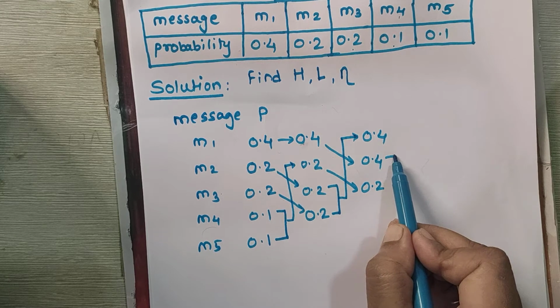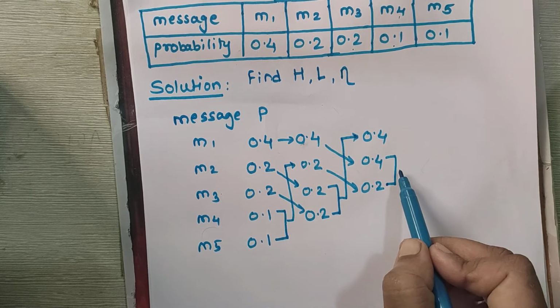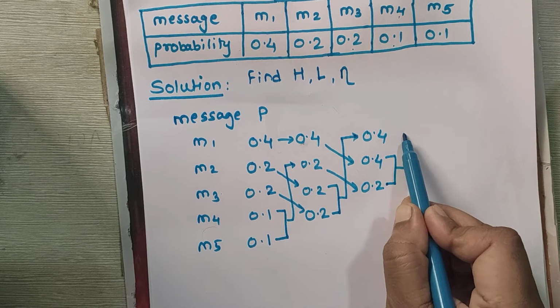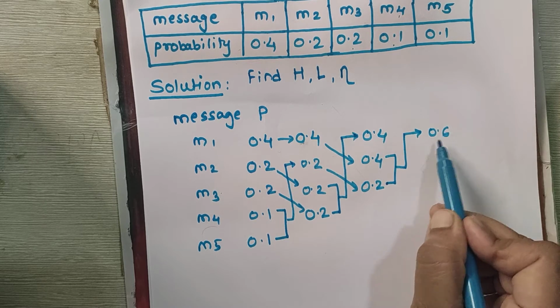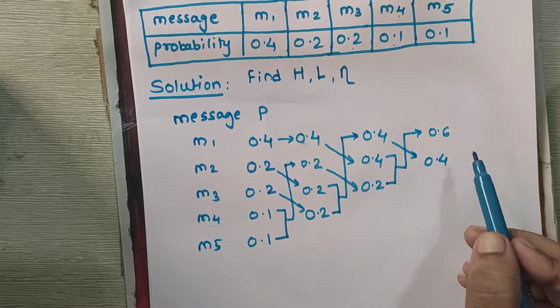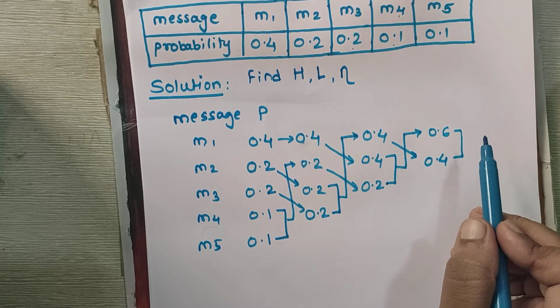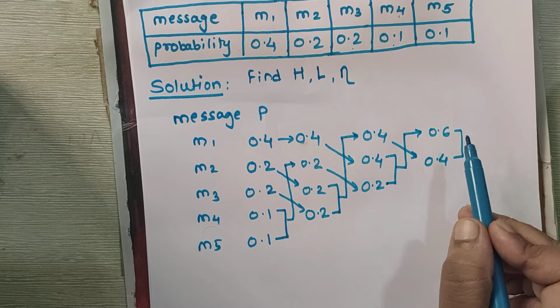Again I will add the remaining lower probabilities, 0.4 and 0.2, whose addition becomes 0.6. Keeping that on the top, this 0.4 will come down. Once we add these, you will see the addition is 1. So I will stop the process.